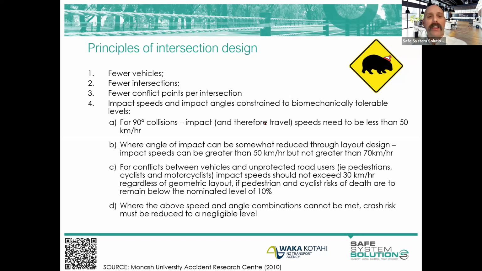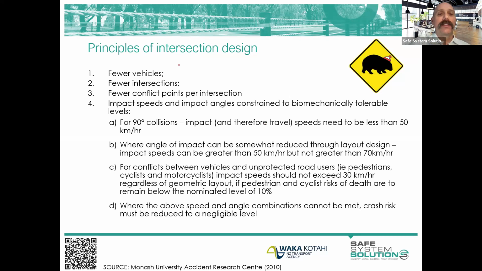Ideally, we would be getting fewer vehicles through the intersection, and that would certainly give us better alignment with safe system principles. Also, likewise, if we could get fewer intersections. Now, this can often be hard, but it's something to be thinking about early on.